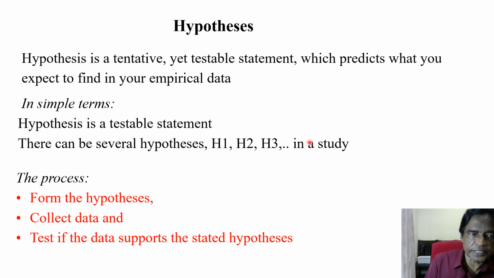So the process is to form the hypothesis. Example, there's a relationship between age and depression, or the older the person, the higher the level of depression. Then collect data. In this case, I need to know the person's age and his level of depression.